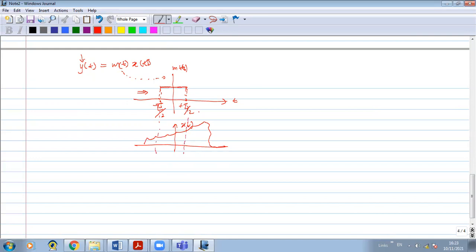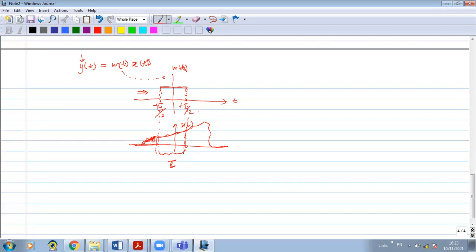So this minus into minus, this one part cancels, and this is 0 and this some value, 0 into some value means 0, and here also 0 into some value is 0. So you will have the x(t) waveform only within this pulse duration. This pulse duration is tau. So you have the x(t) signal only with this pulse width.